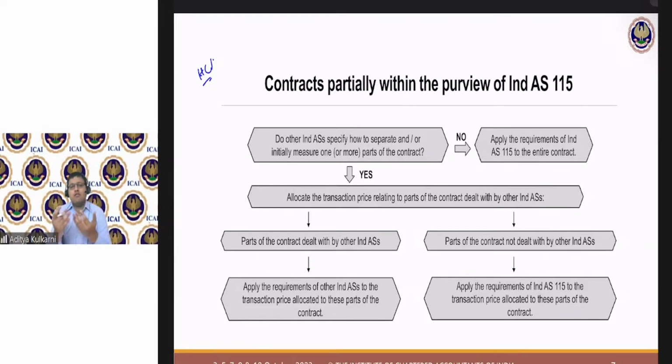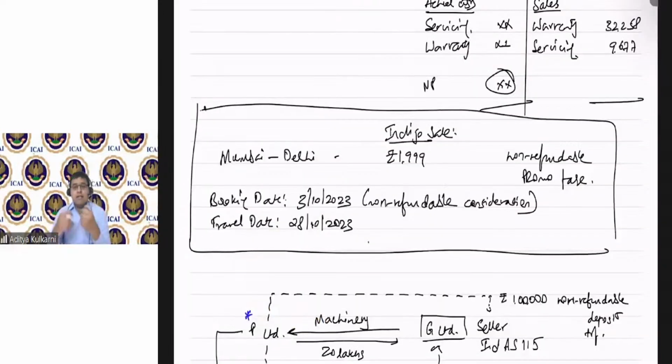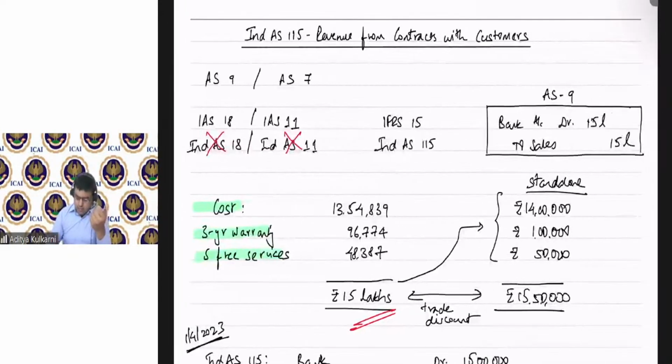So we started off by saying that under the AS9 regime, the entire revenue was recognized when you had the transactions, when the car was handed over. So that was the initial recognition. We booked it the moment the car was handed over. And then we would make a provision for the warranty as well as the servicing costs.